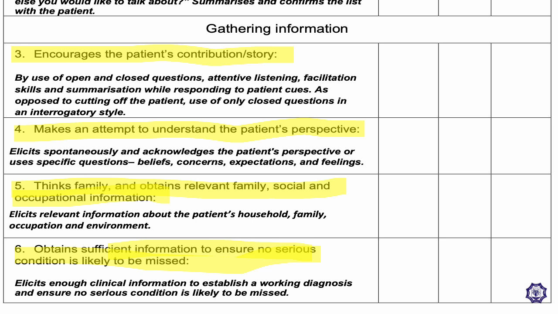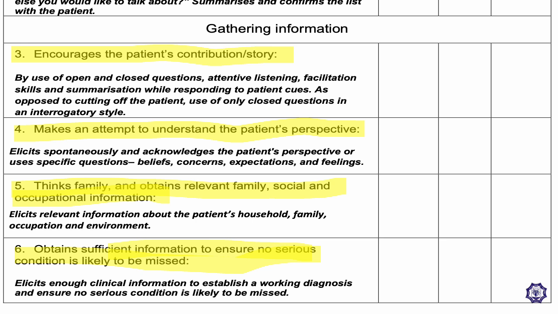Number 4 is makes an attempt to understand the patient's perspective. So here we are exploring the patient's illness experience: the beliefs, the concerns, the expectations, and the feelings. Number 5, we're thinking family, and obtains relevant family, social, and occupational information.